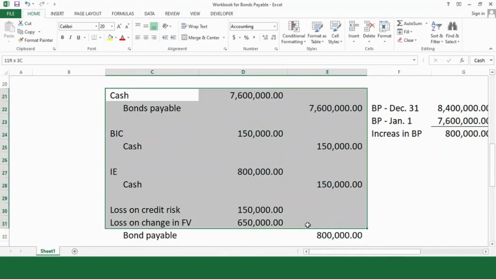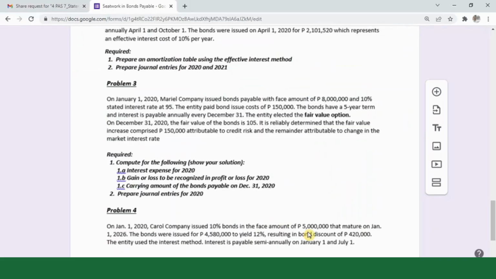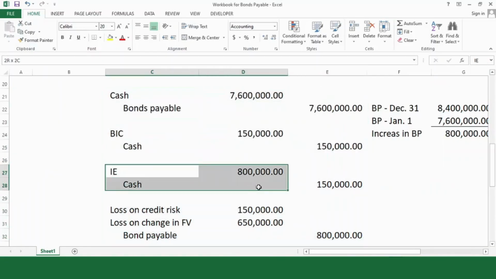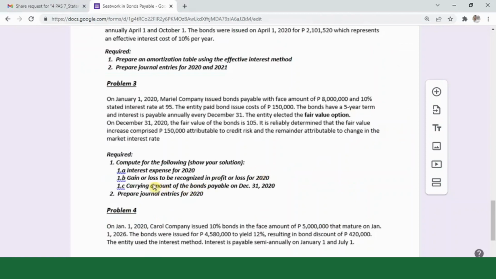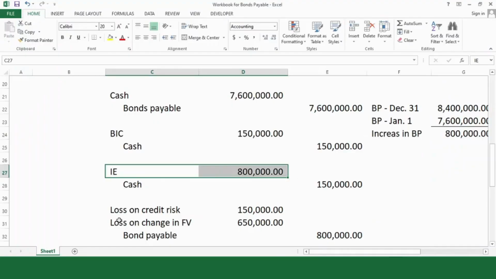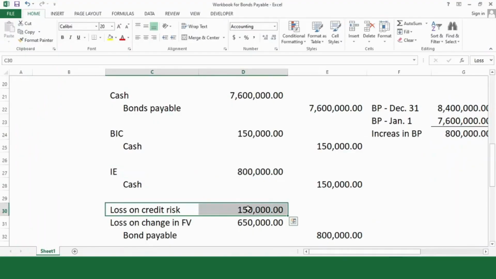So, ito na yun. This will be the entries, okay, for 2020. Okay, so, interest expense for 2020, ito din yun, 800,000. Tapos, gain or loss to be recognized in profit or loss for 2020. Okay, ito yun, 150.